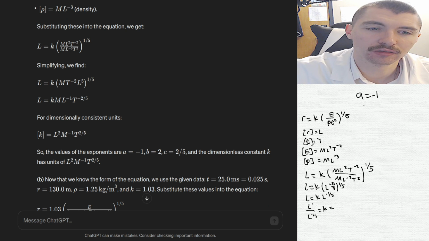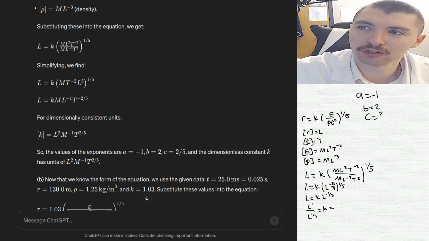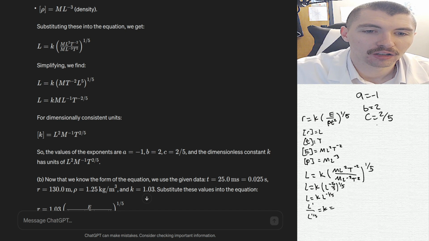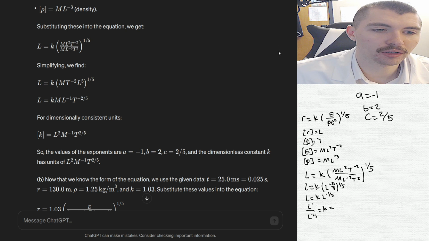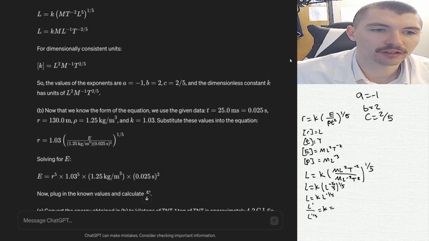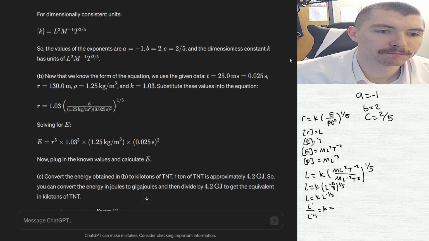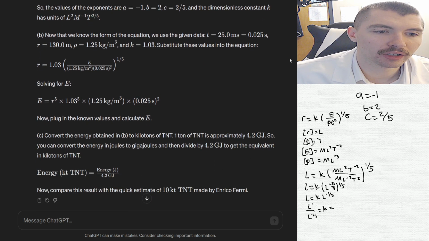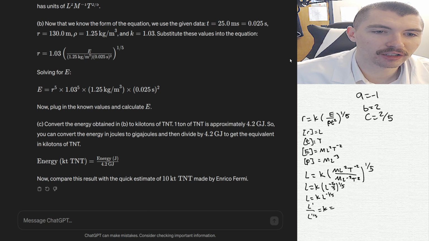A is 1, B is 2, C is 2/5. The dimensionless constant K has units; now that we know the form of the equation, get the data. Converting energy obtained in kilotons of TNT: 1 ton of TNT is approximately 4.2 gigajoules. For the energy in joules, gigajoules divided by this.